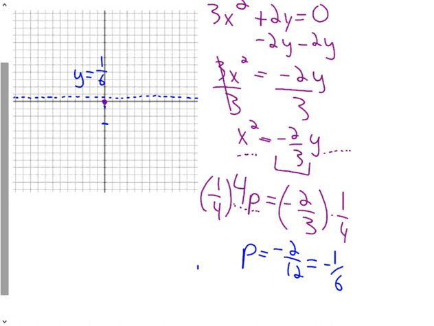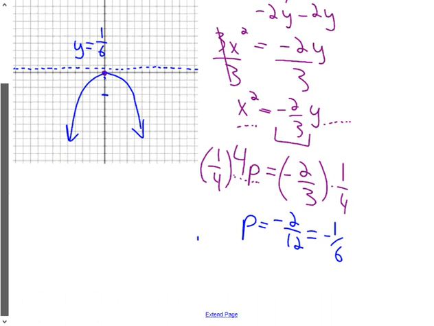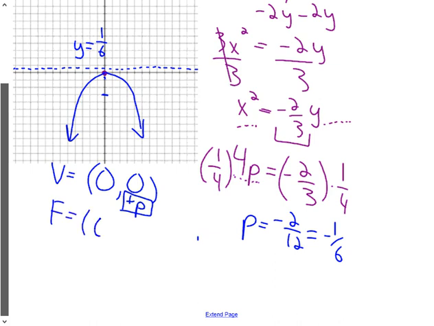We went up 1/6. And so our graph is just going to be, we don't pick other key points on this one, but the keys that I want you to graph are the vertex, and then the focus and directrix. So again, as a reminder, what was our point? Our vertex was 0, 0. And then because we were moving up or down, we were adding p to our y value, and our focus is going to be 0 and adding to 0 our p value of negative 1/6.